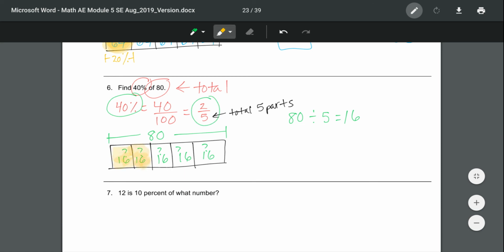So I'm going to highlight those 2 out of the 5 parts because that's my 40% that we're looking for. So since I only need to know what those 2 parts equal, I add 16 plus 16, or I can multiply 2 times 16, and I get 32. So that means that 32 is 40% of 80.